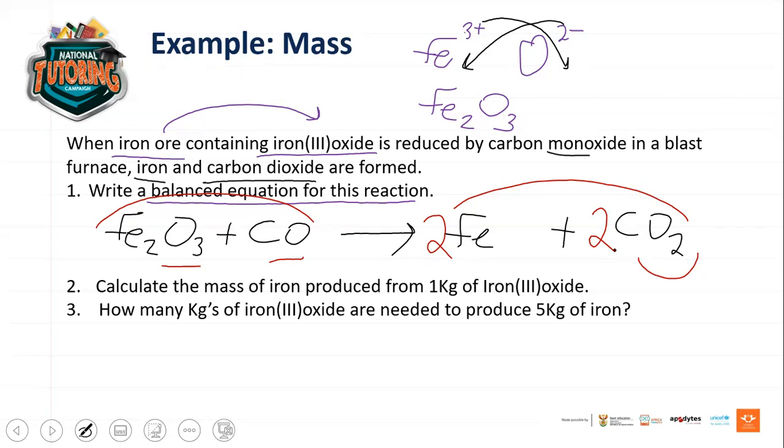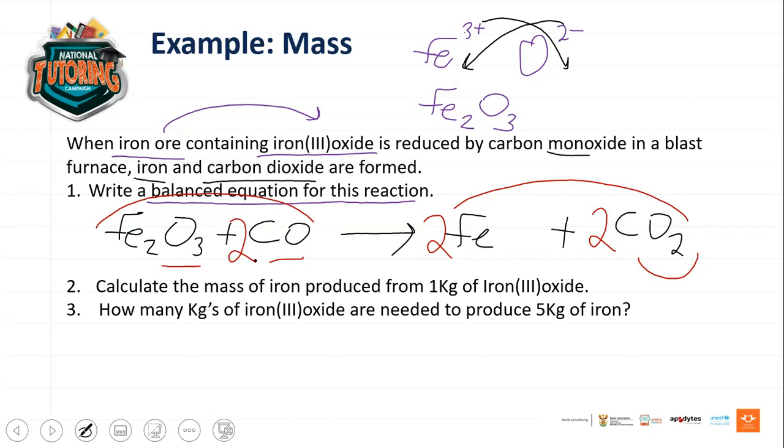So now we've got 4 oxygens, but now we've got 2 carbons. So we've got to put a 2 in front of here. Oh, I shouldn't have given you such a complicated one. So now we've got 2 carbons on the left and 2 carbons on the right, but now we've got 4 oxygens on the right, and 3, 4, 5 oxygens on the left.